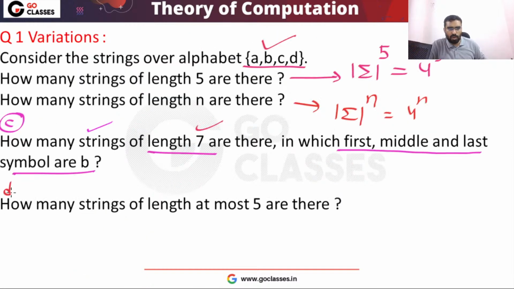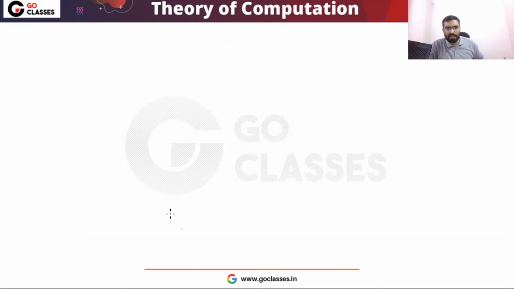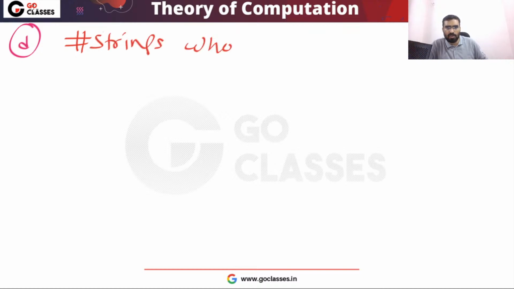What will be the answer for option D? For question number D, how many strings of length at most 5 are there? We want the number of strings W whose length is at most 5.